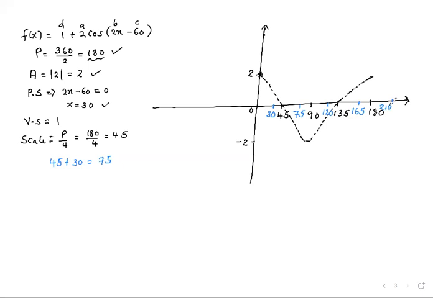So our points have now moved from 0,2 to 30,2. And then from 45,0 to 75,0. From 90,-2 to 120,-2. And then to 165, then to this one.